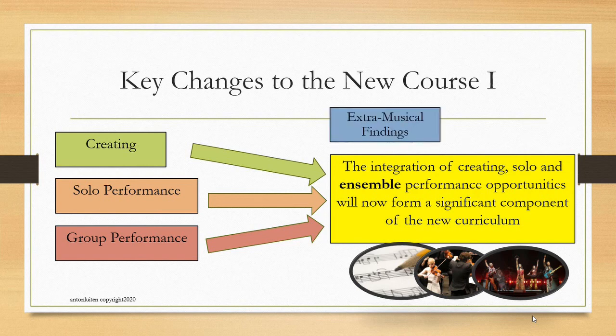This is the extra-musical findings. Combined with musical practices and conventions, the use of musical elements and compositional devices, interpretations, and forms of expression. This is the musical findings. The integration of researcher, creator, and performer now occurs on multiple levels.